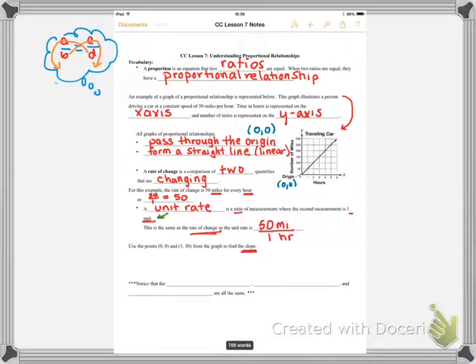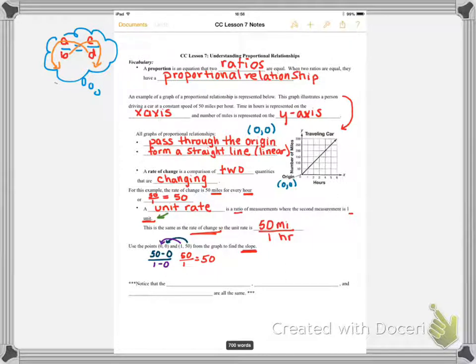So we'll take our second y minus first y, over our second x minus first x. And so that, of course, gives us that slope of 50 over 1, or 50.